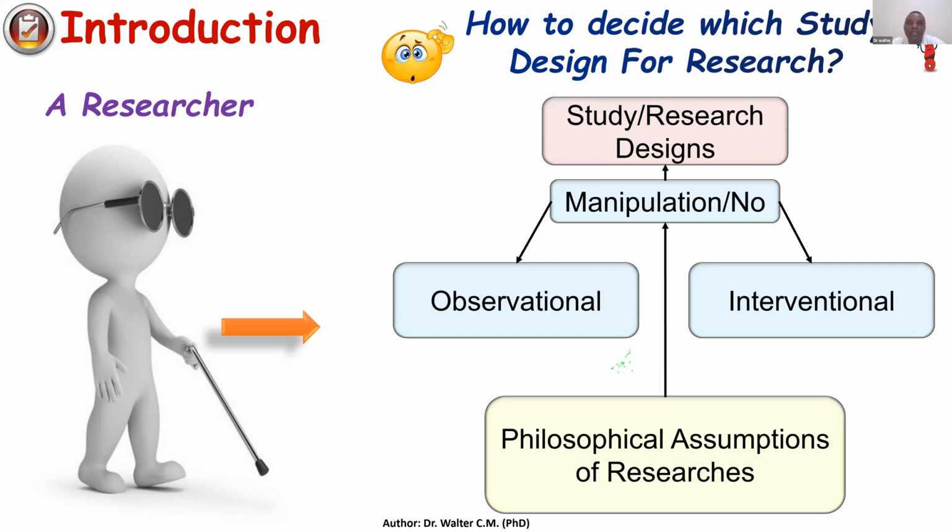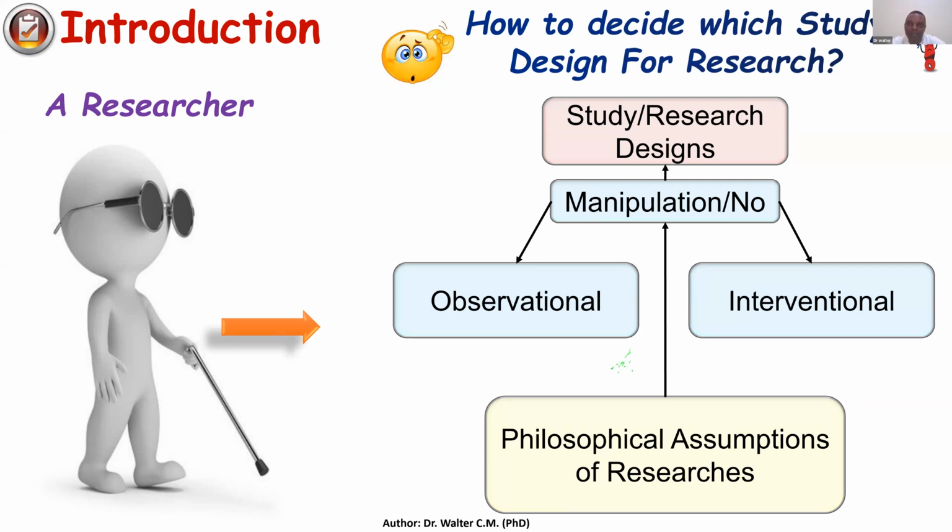So if you intend to manipulate the study participants, maybe by taking blood samples or teaching them anything that manipulates them, that is where you can opt for research designs in the intervention arm. And if we are going just to observe what is happening on the ground, and then come back to report what is there, because not all people can reach the situation where you are going to conduct your study.